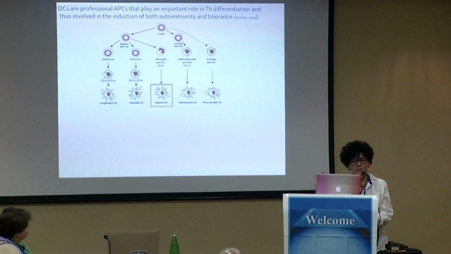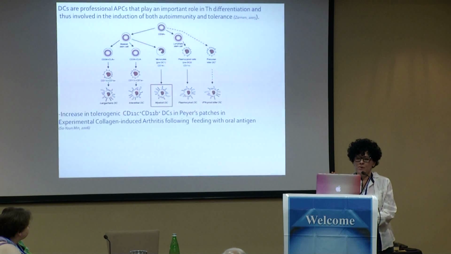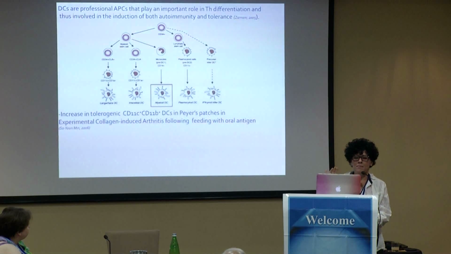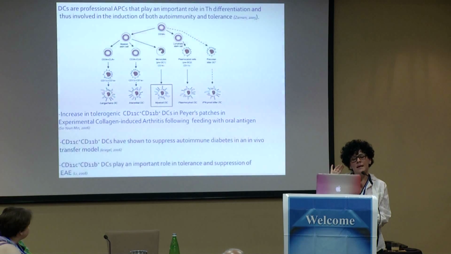So this population is characterized by CD11C, CD11B expression. In the literature, it was shown that this population increases in Peyer's patches in experimental collagen-induced arthritis following feeding with oral antigens, that this population of dendritic cells could suppress autoimmune diabetes in an in vivo transfer model, and more importantly, that this population plays a role in tolerance and suppression of EAE.